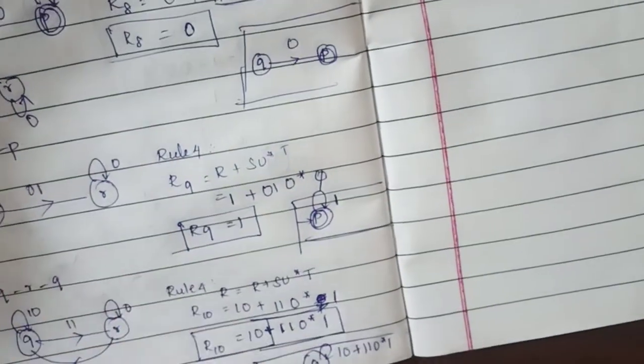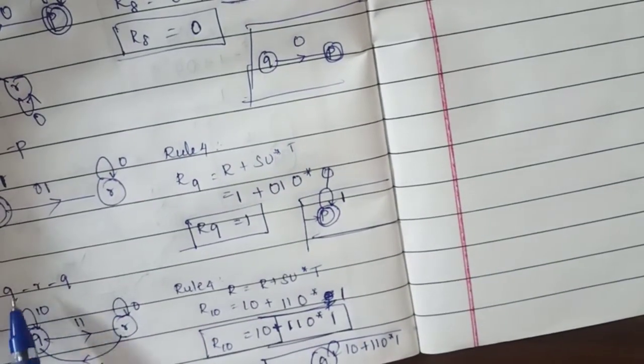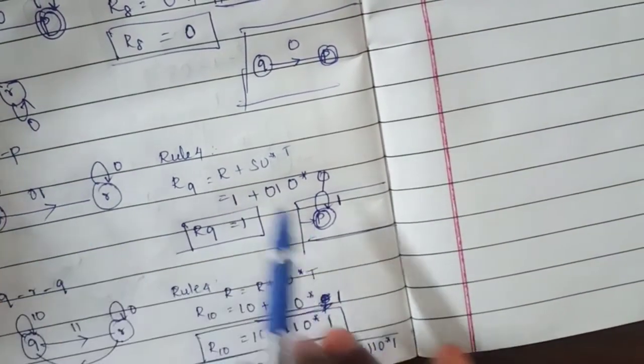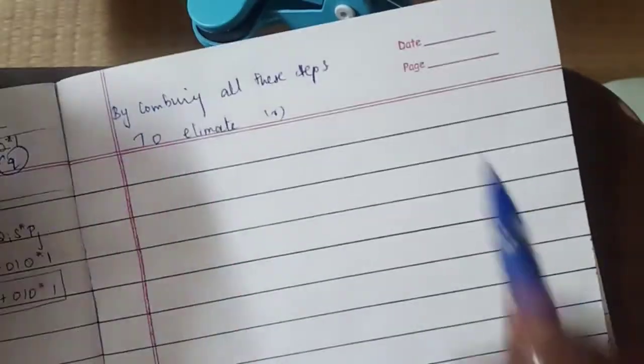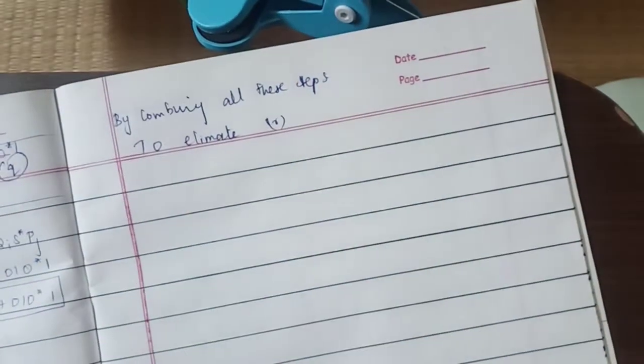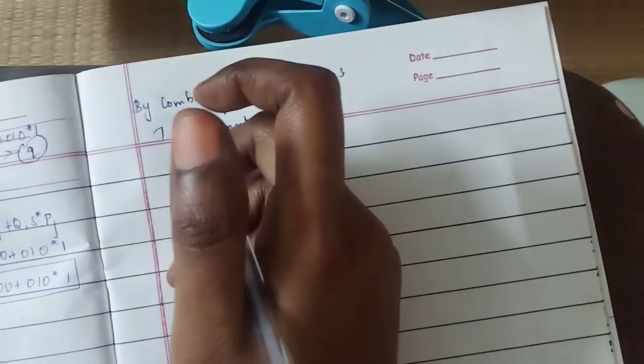So after eliminating this, after finding out the self loop, we are getting like this. Similarly for this PRP you are getting like this one. So to eliminate R, now we have to redraw all these, combining all these steps.